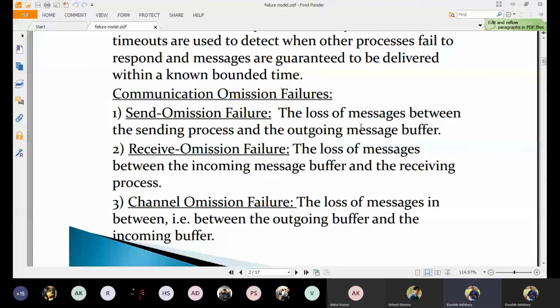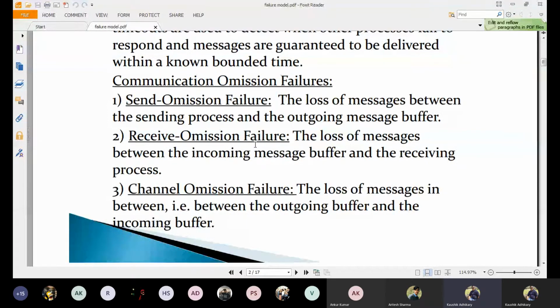Similarly, a receive omission failure means that there is a loss of message between the incoming message buffer and the receiving process. And in the channel omission failure, it is the loss of message between the outgoing buffer and the incoming buffer.